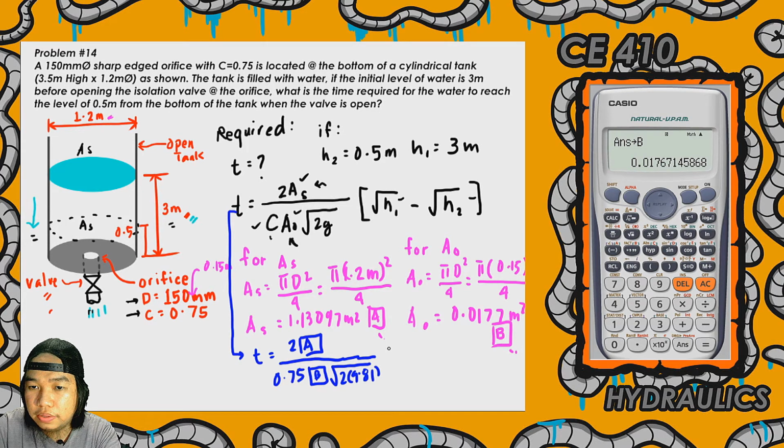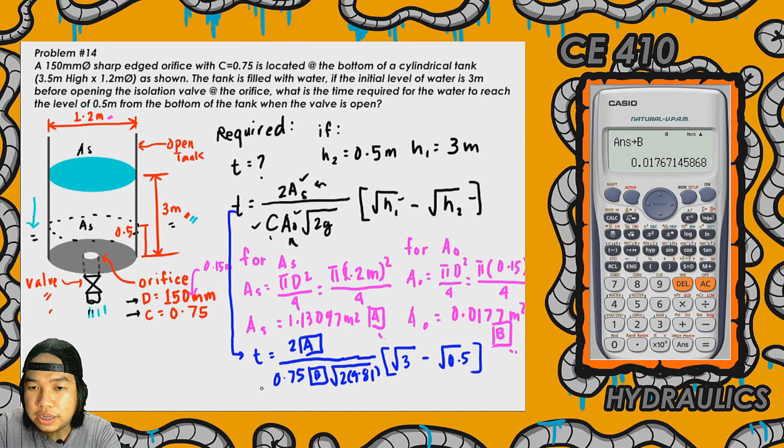Then, multiply natin itong buong function na to sa square root of h sub 1, which is the square root of 3, minus the square root of h sub 2, which is square root of 0.5.